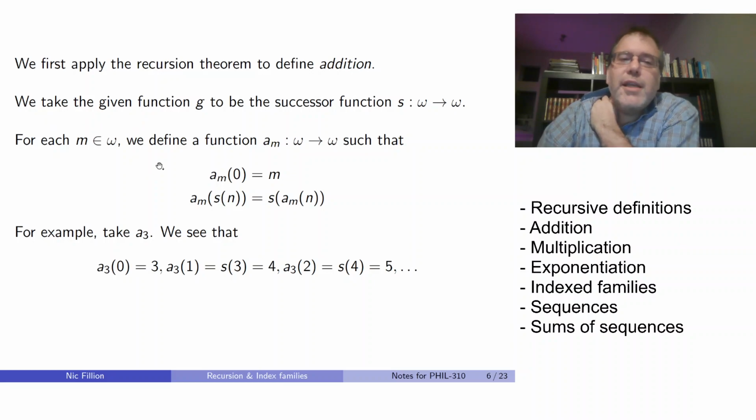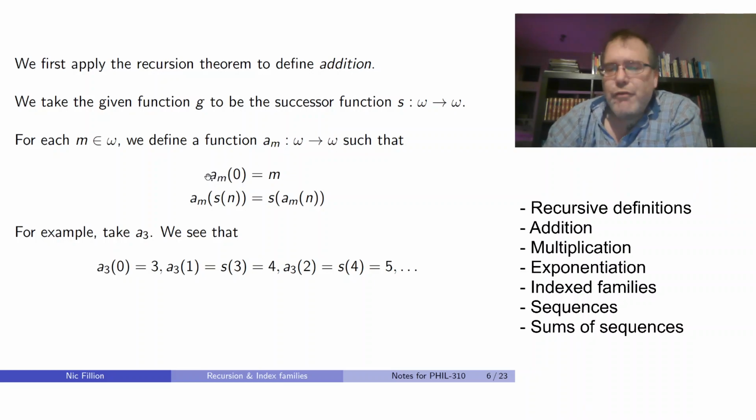So for each natural number m, we introduce a function a sub m. A stands for add, okay? Which takes a number and sends it to another number. And intuitively, the idea is that it's going to take a number and send it to m plus that number.